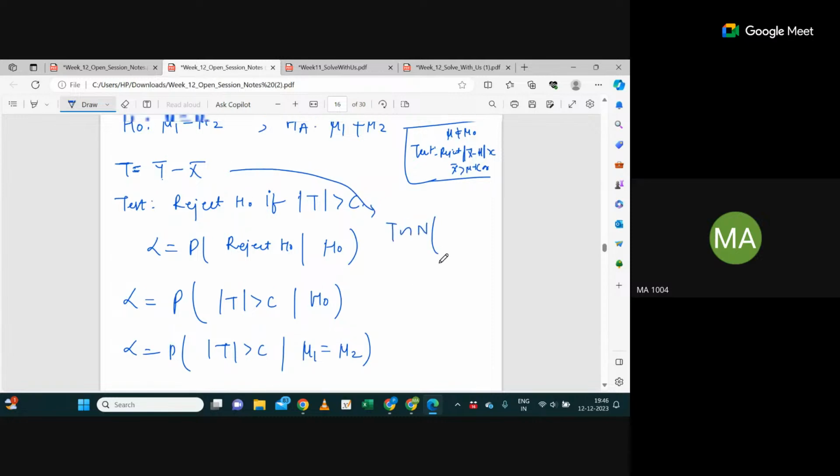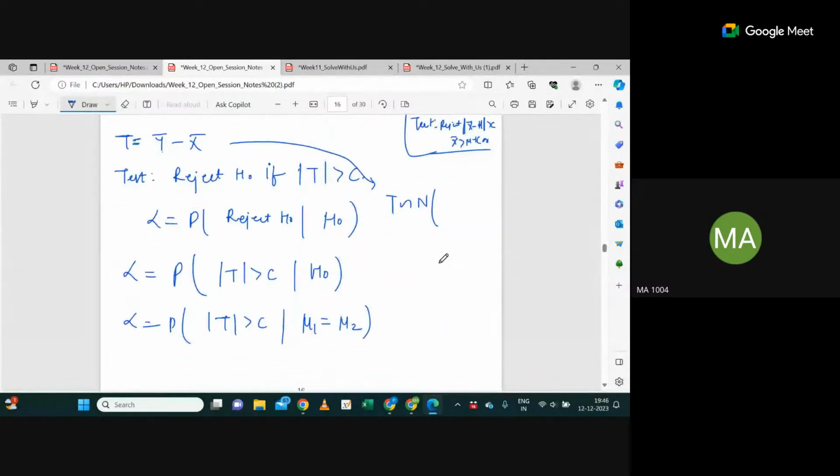What will be the expected value of T? Mu2 minus mu1, and variance sigma 1 square divided by n1 plus sigma 2 square divided by n2, right? But under H naught, mu1 is equal to mu2.